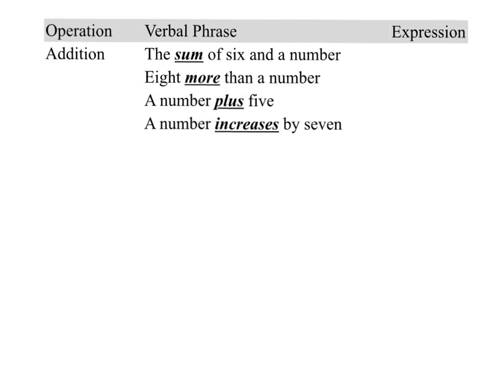How would I write that out as numbers and a variable and a plus sign? The sum of 6 and a number. 6 plus x. Perfect. So that's going to go where it says expression.